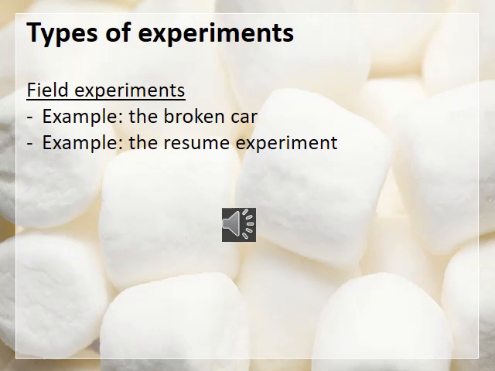The first example of a field experiment I give to my Methods 1 students, without telling them it's a field experiment, it's the broken car experiment. Let's say I want to understand how the attractiveness of a woman will influence help behaviors in men. Are men more willing to help a woman in a situation if this woman looks good?